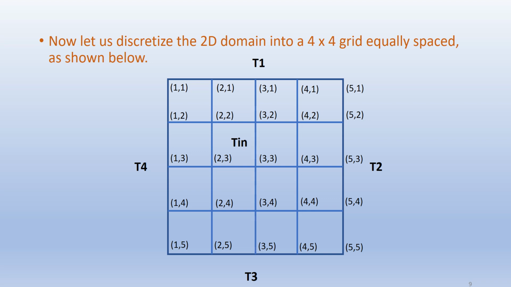Now let us discretize the 2D domain into a 4x4 grid equally spaced as shown below. Here Tin is the initial temperature in the entire domain, and T1, T2, T3 and T4 are the temperatures at the sides of the copper plate and the boundary conditions maintained at time greater than or equal to 0.